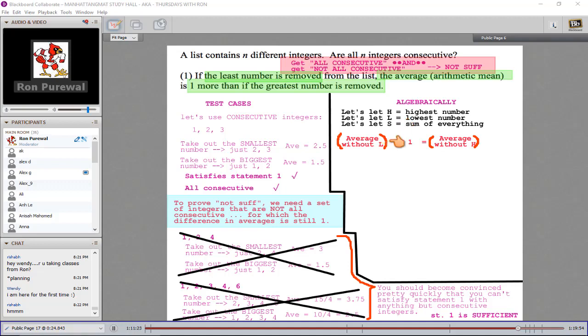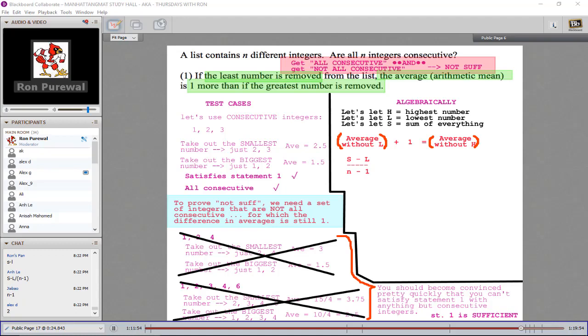How do you write the average without the number L? What is the sum of everything except L? It's the overall sum minus whatever L is. And then how many numbers are there? You originally had n numbers, so it's n minus 1. Don't say 2, because again, you don't want to pick numbers.